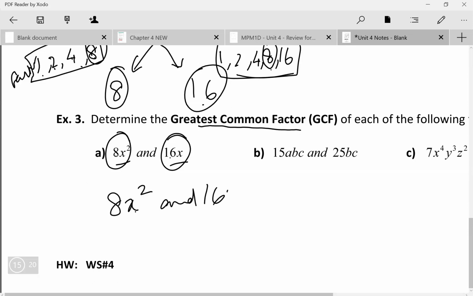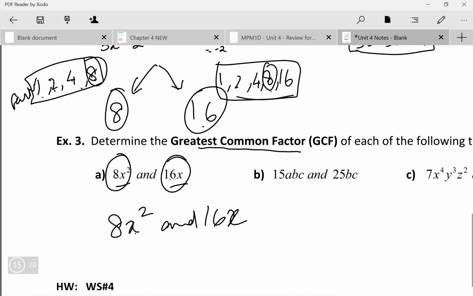So to find the greatest common factor of these things, first we find the greatest common factor of the numbers. Again, one way to do this is to list all the factors of the numbers. This always has to be smaller than the numbers, but it multiplies by some whole number to give me this required number 8 or this required number 16.